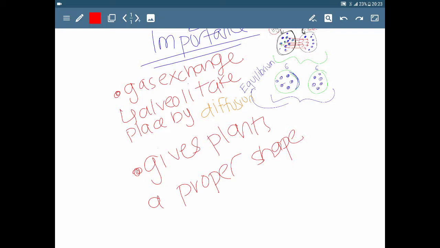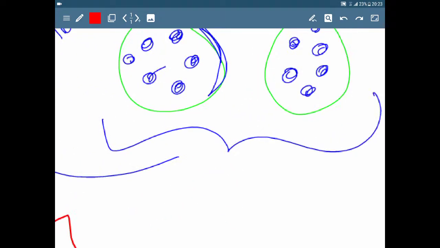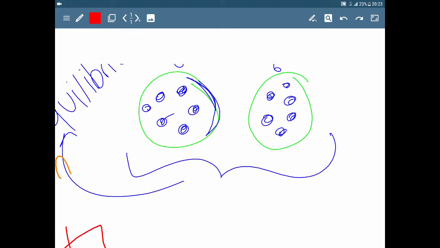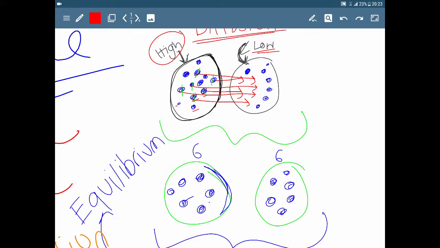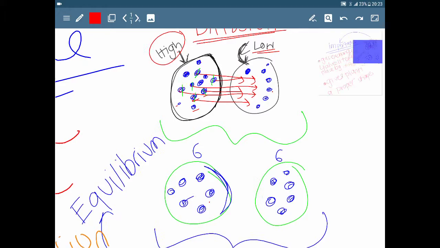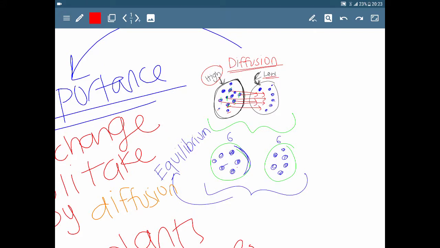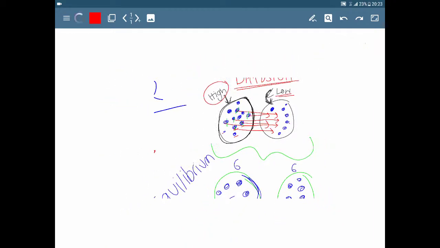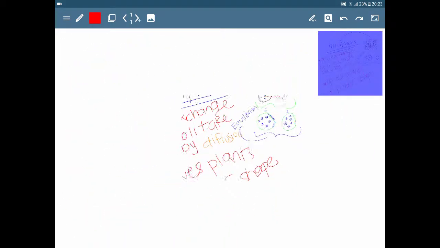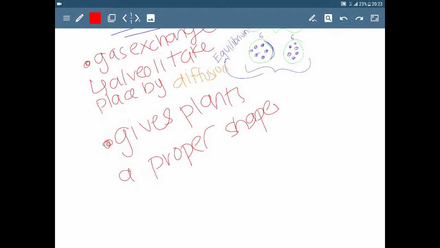What happens in plants is that particles move from a higher concentration to a lower concentration, like in this diagram. Later on I will explain that in plant cells it's different than in animal cells. Something happens and we will use new words such as turgid and plasmolysed. So it gives plants their proper shape.